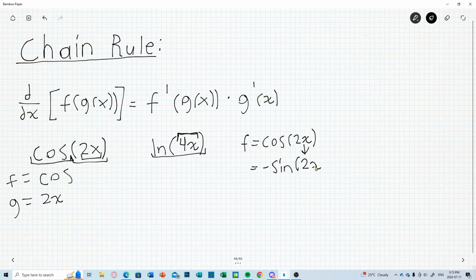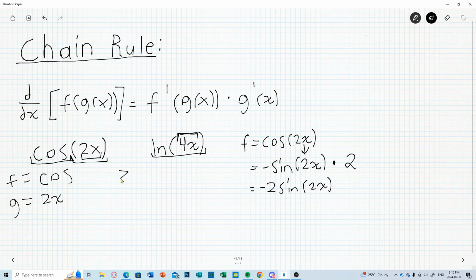So we're going to have negative sine 2x. Now, here's where we multiply it by the derivative of the inside function, which is our 2x. That will become 2. So our function will now be negative 2 sine of 2x.